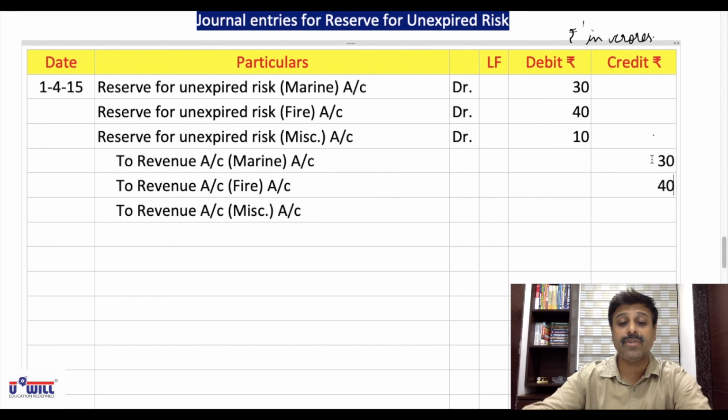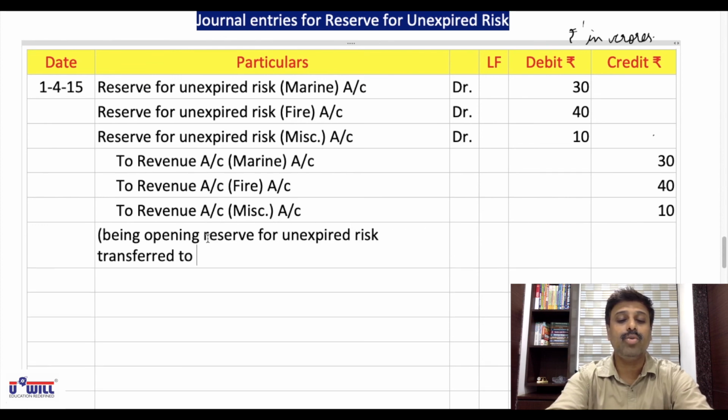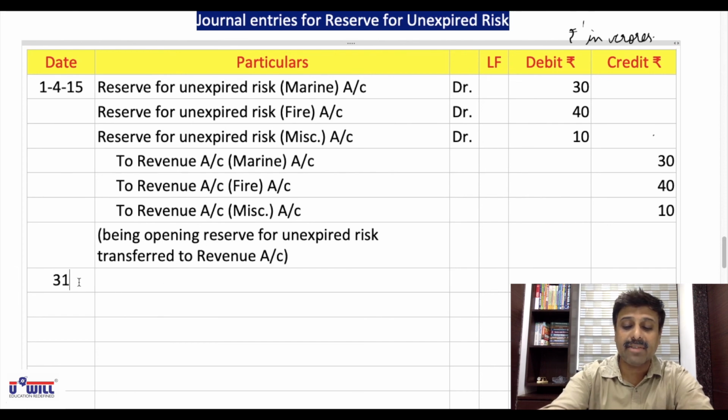Fire 40 will transfer to fire's revenue account. Miscellaneous 10 will transfer to miscellaneous revenue account. Being opening reserve for unexpired risk transferred to revenue account. Now closing reserve 31/3/16.